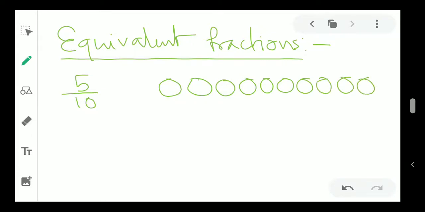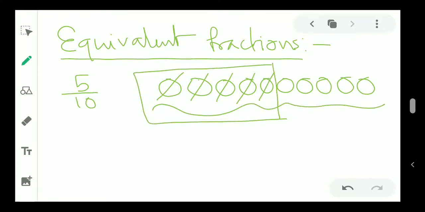Out of these 10 chocolates, you have already eaten 5 chocolates. So that means out of this total, this half portion you have eaten already. So this is similar to the half.